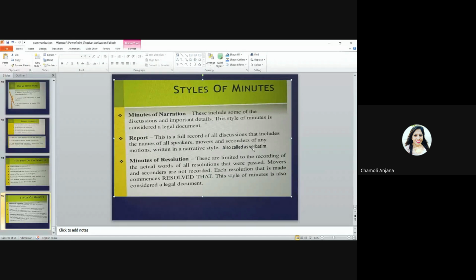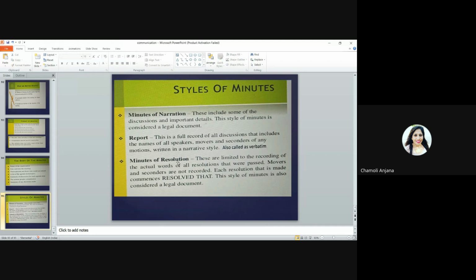Verbatim is a kind of minutes of meeting where the entire meeting is written word to word. Verbatim means word to word, that means whatever was discussed. So what they do is they try to record all those meetings, and then they write the same thing word to word, whatever was discussed in the meeting. Then you have minutes of resolution.